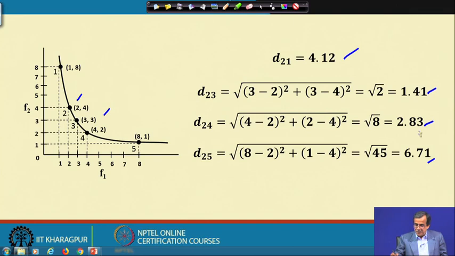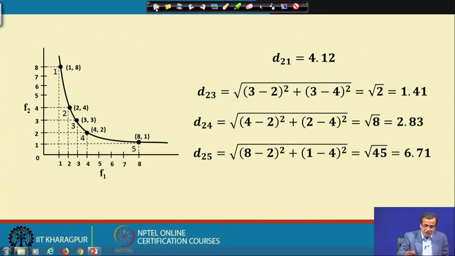Now, if I compare the Euclidean distance values with the sigma CR assumed to be equal to 6.00, for this particular point the Euclidean distance is more than the sigma CR.